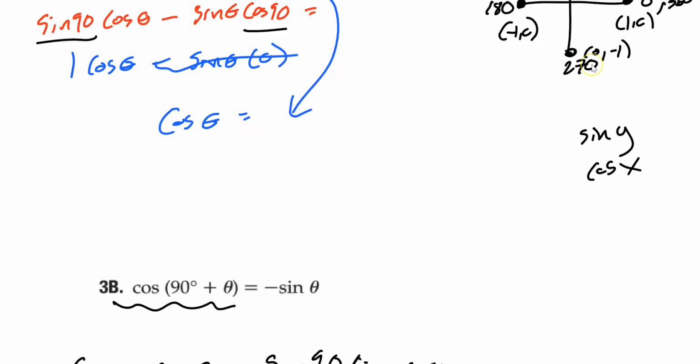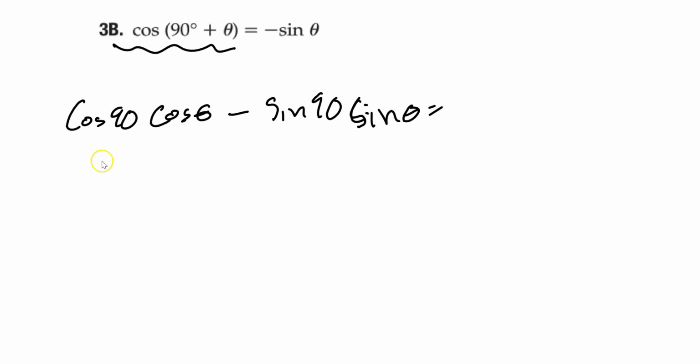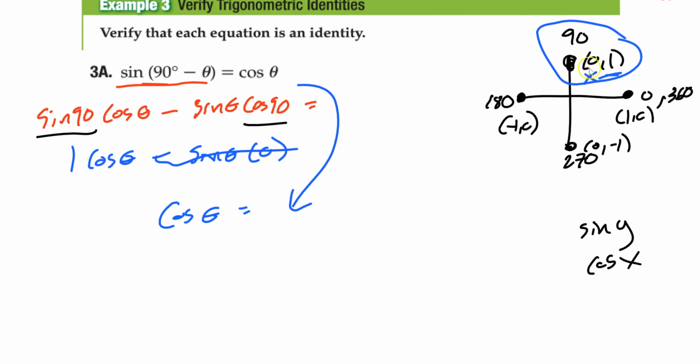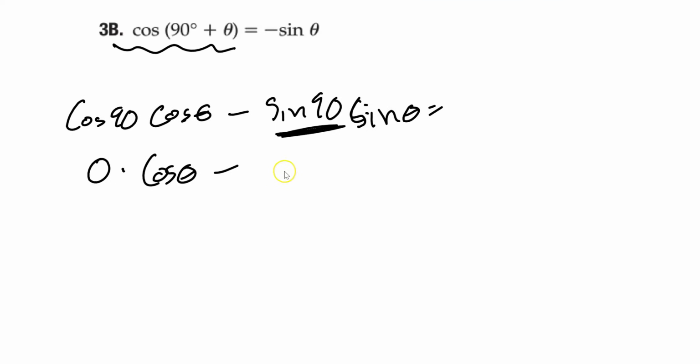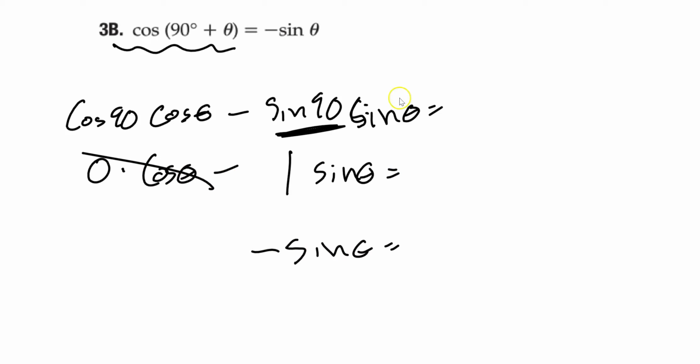Cosine is the x value, so that's 0. So this would be 0 times cosine theta. Sine 90, same thing we did up there. Sine is the y value, so 1. Remember, if you learn anything about trig, learn the unit circle, please. Sine of theta. This goes away, since 0 times anything is 0, and I get negative sine theta, which matches.